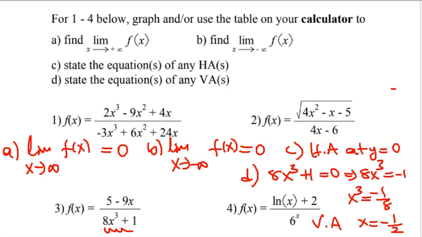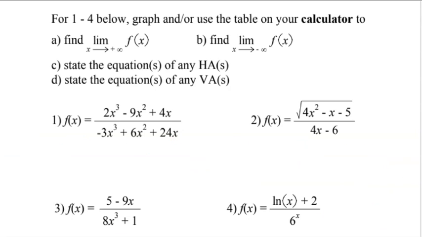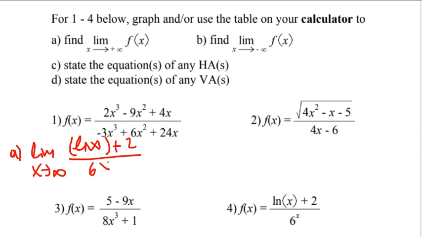All right, let's move on to question 4. In question 4, we have this f of x function combining two functions, a logarithmic function and an exponential function. So part A, limit as x approaches infinity, ln x plus 2 over 6 to the power of x.